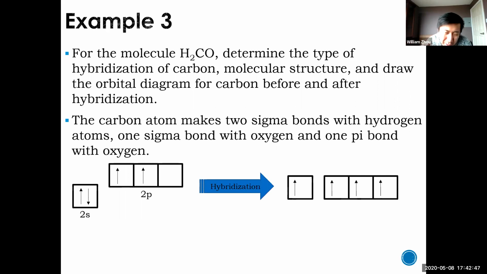You must hybridize 3 out of the 4 orbitals to have sp2 hybridization, because in the sp2 you will have 3 orbitals available for sigma, and the unhybridized orbital will be available for the pi bond. Okay, so that will be the orbital diagram of carbon.